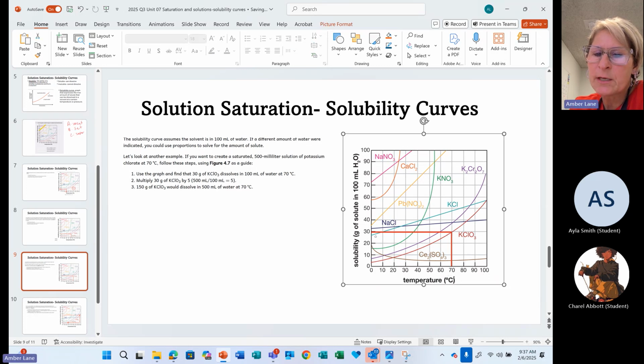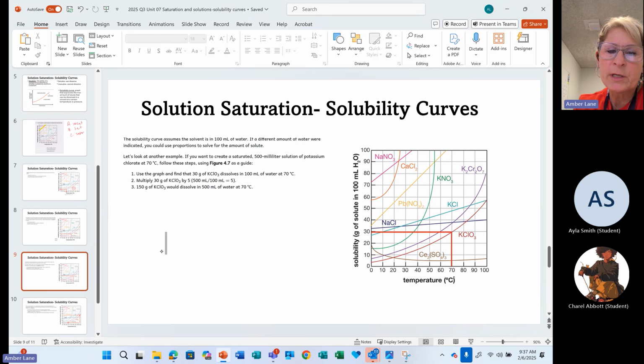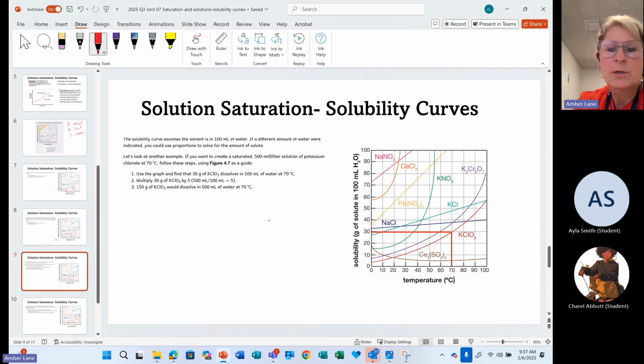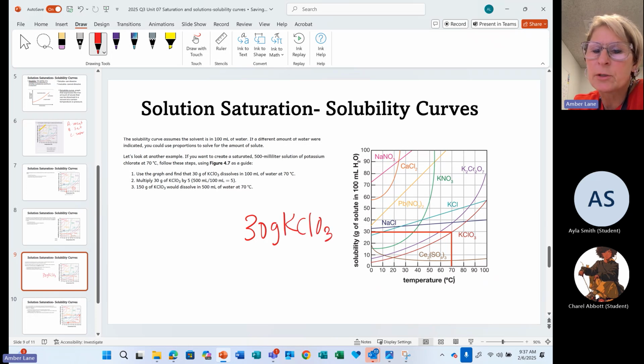And we're going to see that to get a saturated solution at 70 degrees, we need 30 grams of KClO3 in 100 milliliters. But they want to say, okay, if we have 500 milliliters, how much potassium chlorate is going to dissolve at 70 degrees?